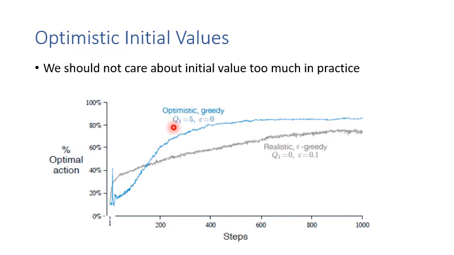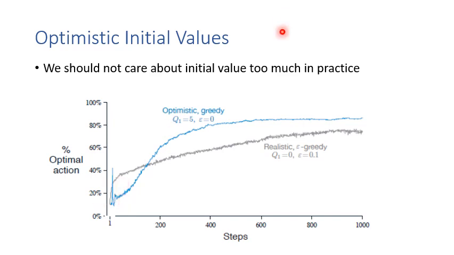Recall that the optimal action values Q star are selected from a normal distribution with mean close to 0 and variance 1. So the initial estimate of plus 5 is very optimistic.